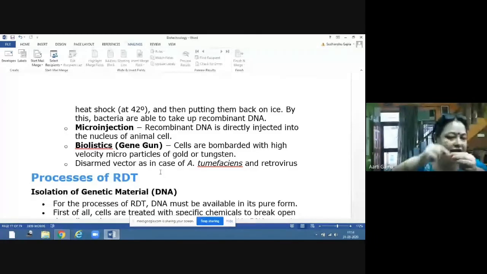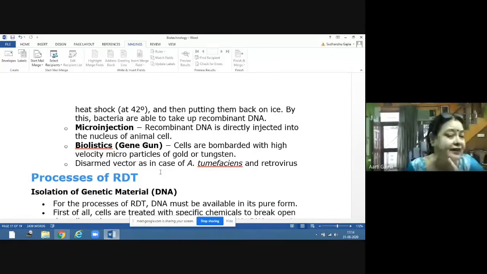So the recombinant DNA is with the gold particle or tungsten particle. Microparticles of gold and tungsten are shot through the gun at a very high velocity into the cells.